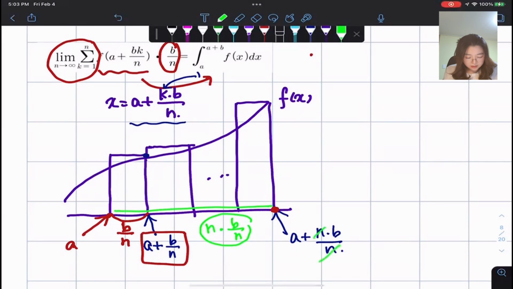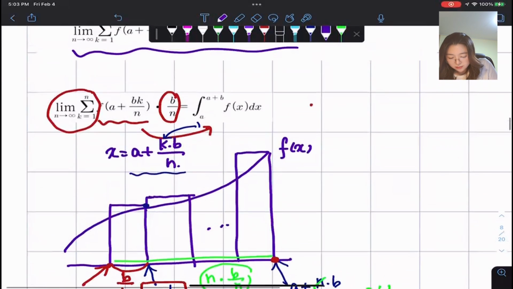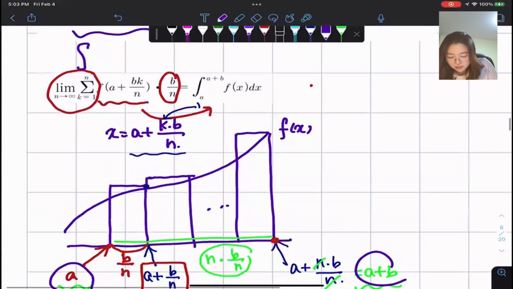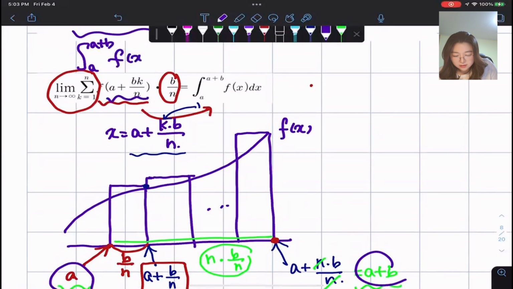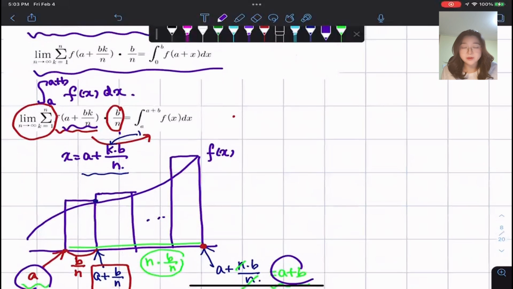Dividing by n, this is a plus b. So the range is from a to a plus b. So I can rewrite this as the integral from a to a plus b of f(x) dx. It is an important formula, so you should memorize it.